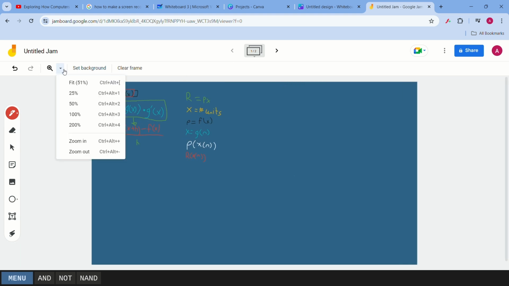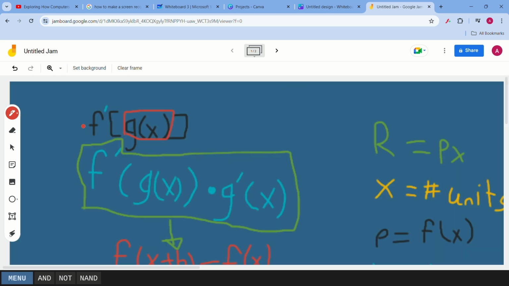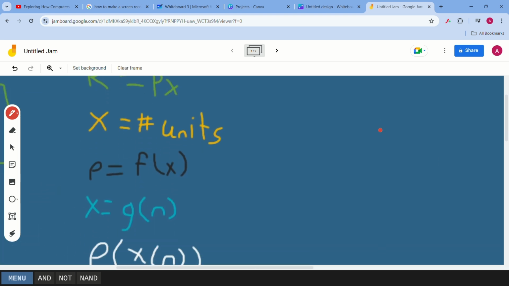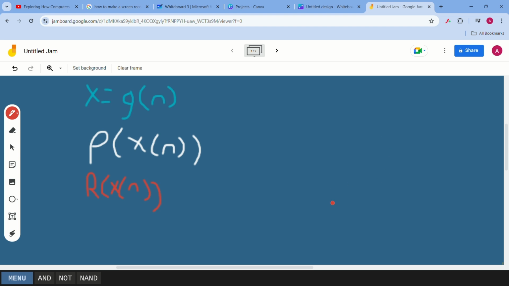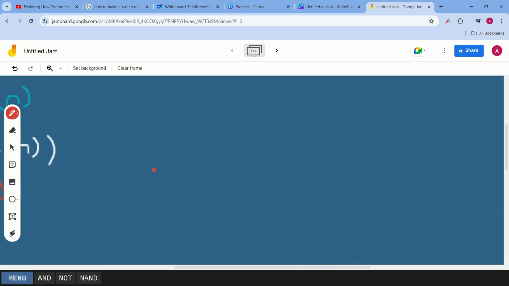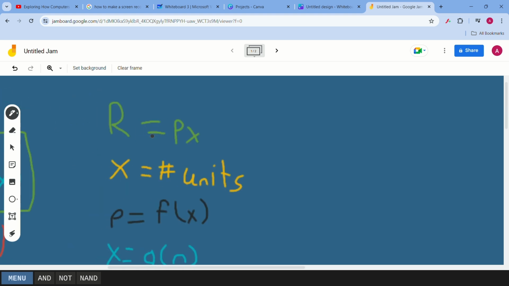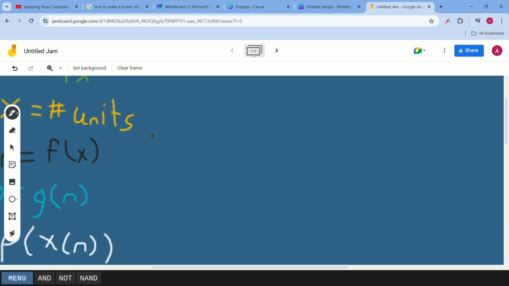Okay, so I'm going to zoom in. So let's talk about the product rule now. I'm going to use black and write the words product rule.